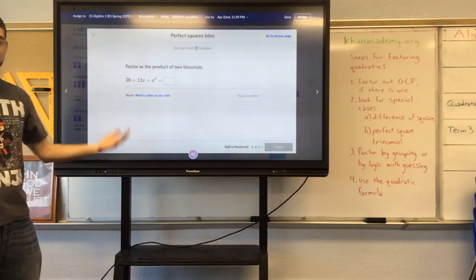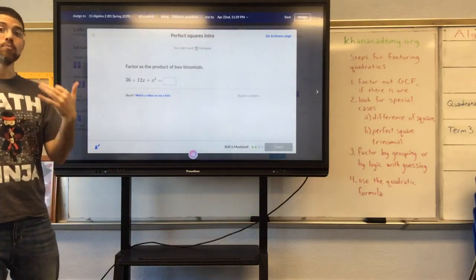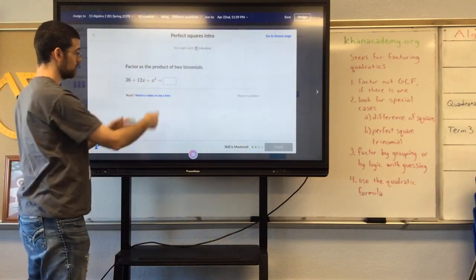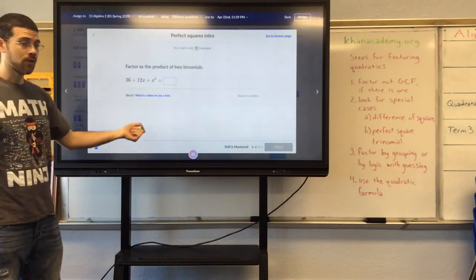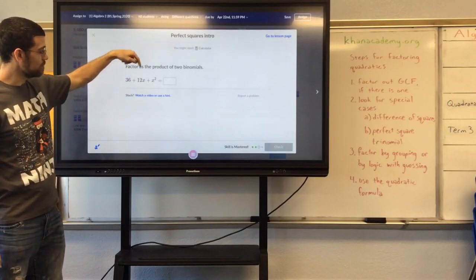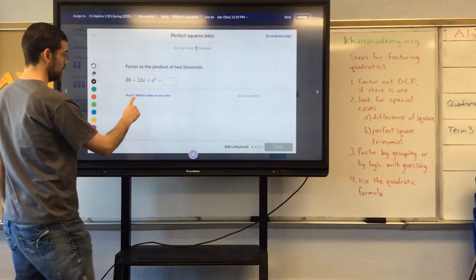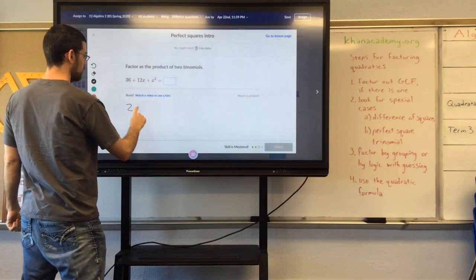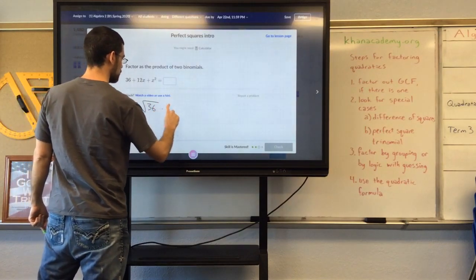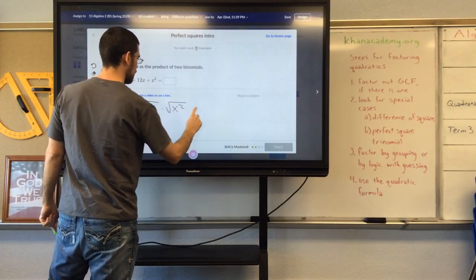Factor the product of two binomials. So this time they want both factors. The first term is a square, the second term is a square. The middle term is 2 times the square root of the first term times the square root of the second term. So we have 2 times the square root of 36 times the square root of x squared.